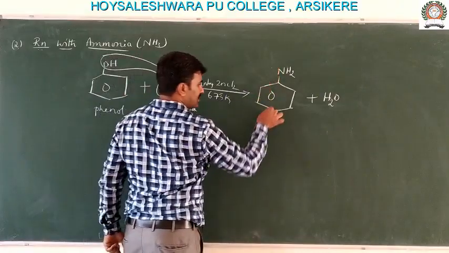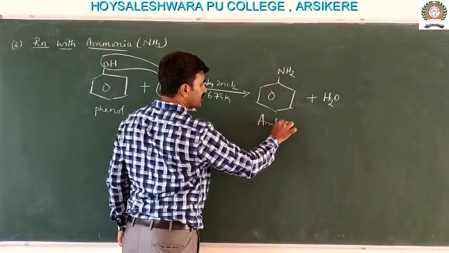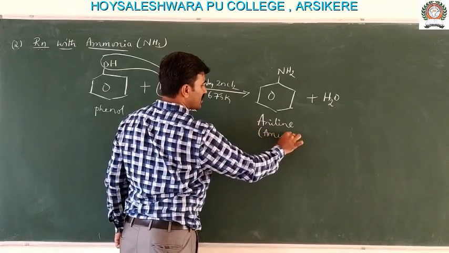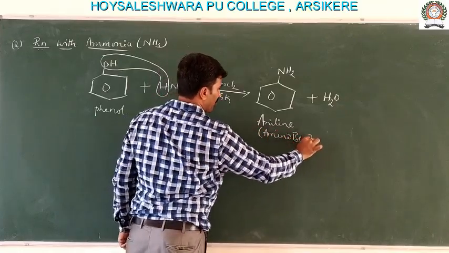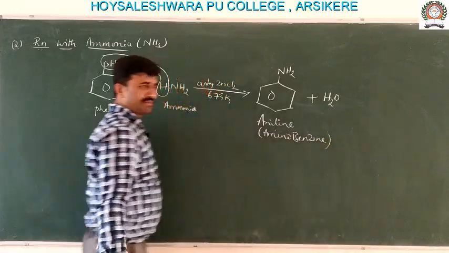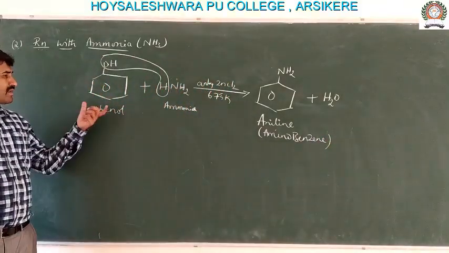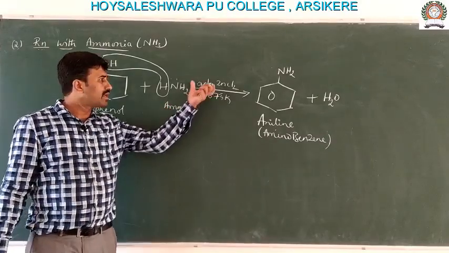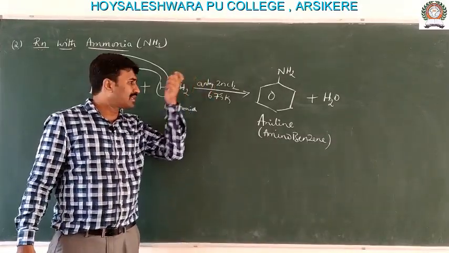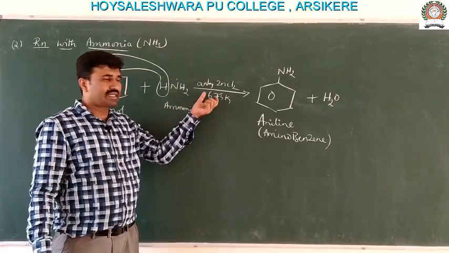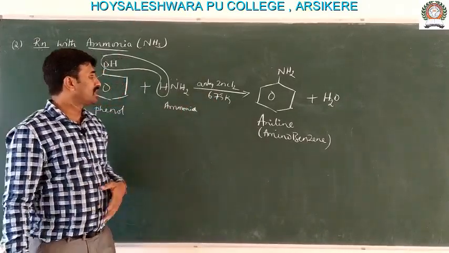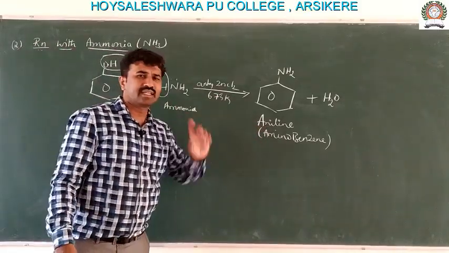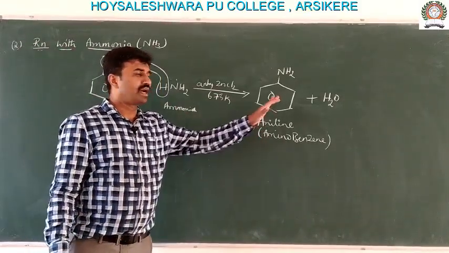Here, what is this? This is aniline or aminobenzene. See, phenol upon reacting with ammonia in presence of anhydrous zinc chloride as a catalyst at 675 Kelvin, there is a formation of aniline as a product and water.